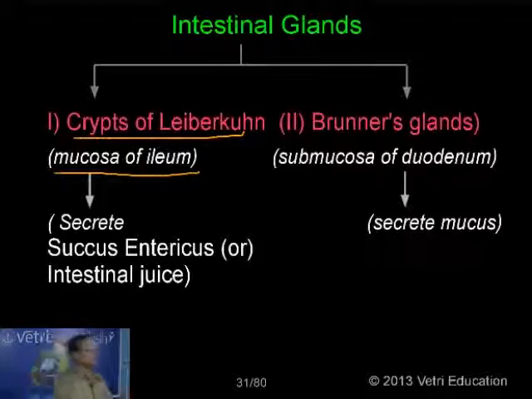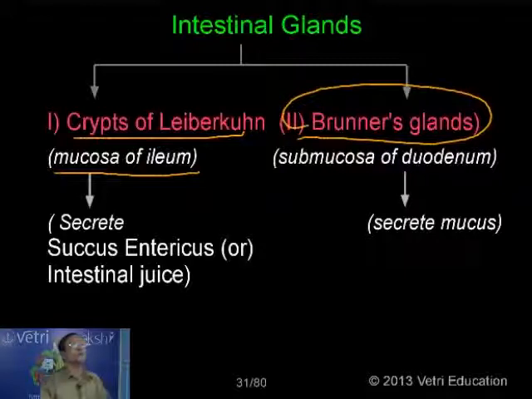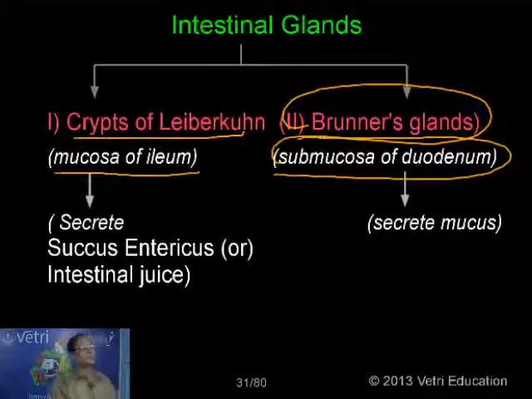Then Brunner's glands. This question came many times: where are these glands located? The location they ask many times. They are found in the submucosa of the duodenum. They are concerned with the secretion of mucus, just like the goblet cells. The secretions of Brunner's glands and the secretions of the crypts of Lieberkuhn together form the intestinal juice.